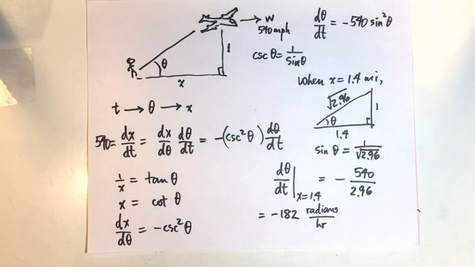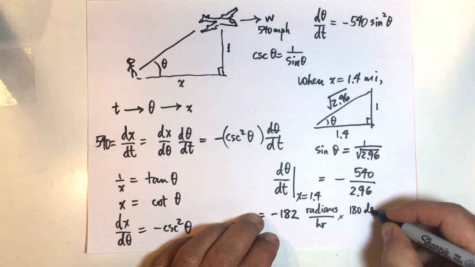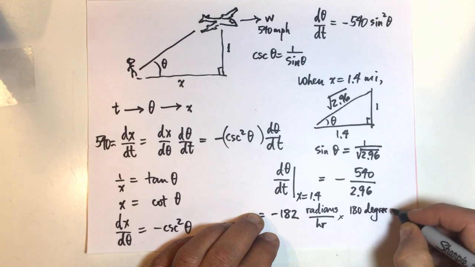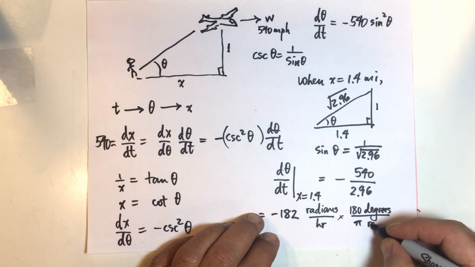Now just to put that in perspective, I'll try to change it into something that you can understand. Do a conversion. I'll change this into degrees per second. Degrees of arc, not temperature degrees. So the conversion is 180 degrees is the same thing as pi radians.